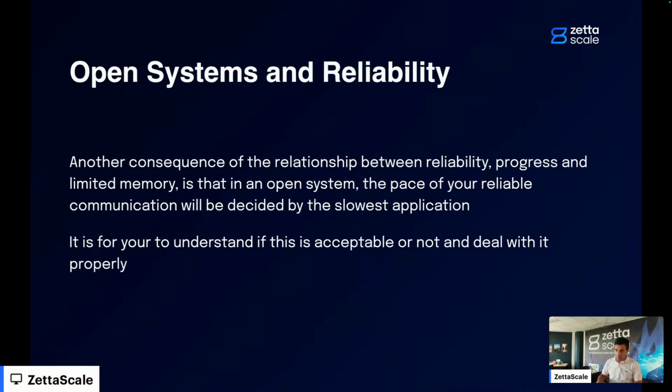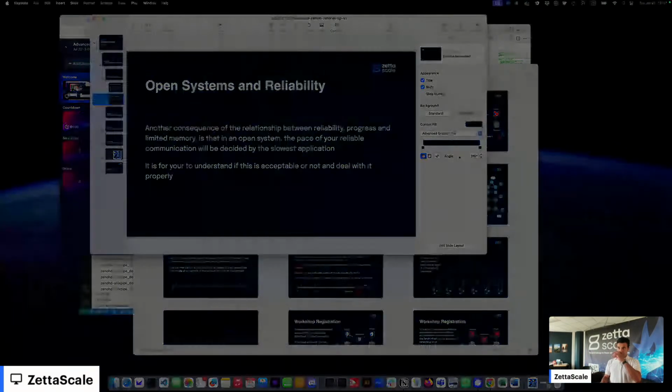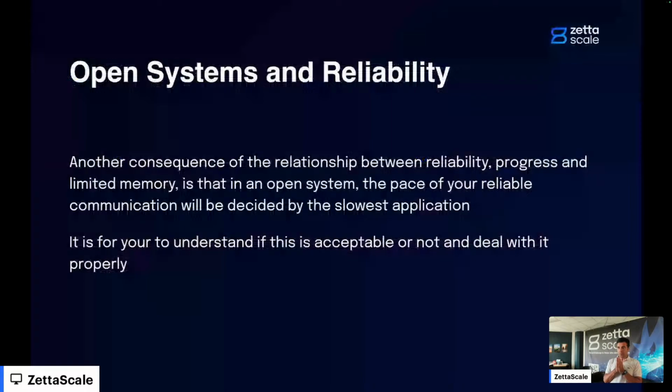Okay, now, as I emphasized open system, the other thing that you should realize is that reliability in an open system means that, again, you have limited memory, because you can't do differently. In an open system, you can't assume an unlimited amount of memory.